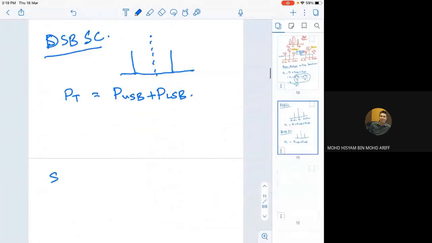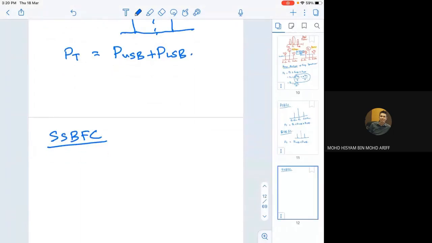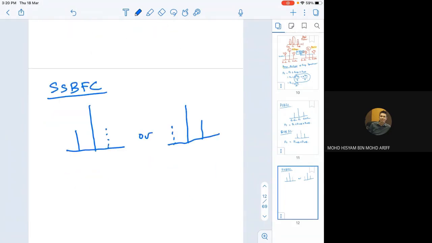We have single sideband, single sideband full carrier. With a single sideband, we can have two cases. One, you transmit here. Single sideband full carrier means full, you have the carrier. So it can be two.